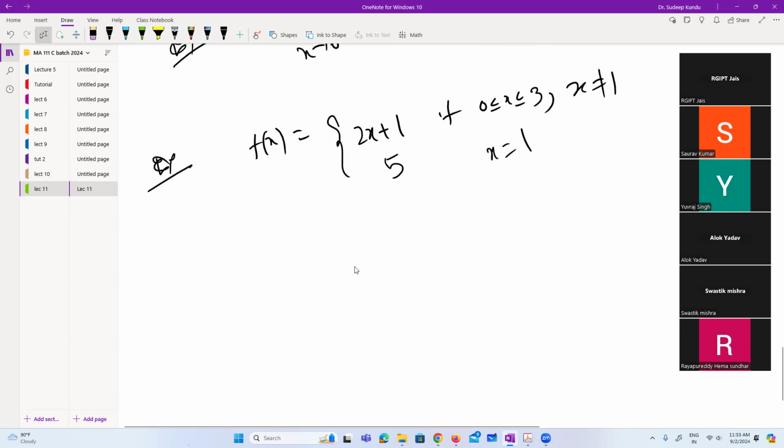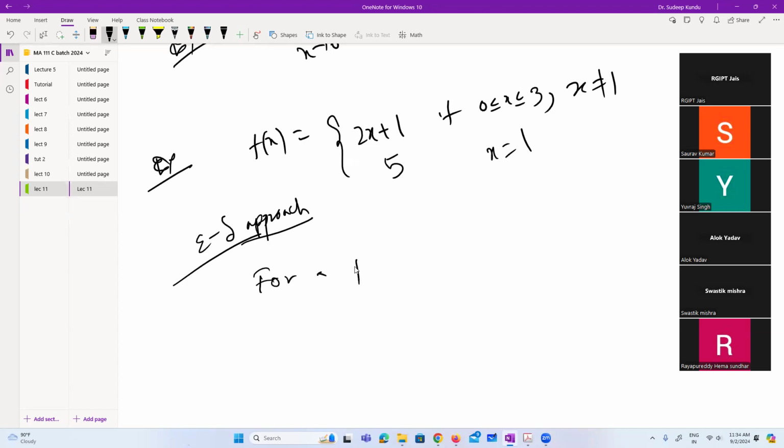Now if you want to show it using the epsilon delta approach that you have already studied, you should first know where it converges, right? So if you want to apply this epsilon delta criteria, what you have to show is that for a point x near 1, f of x should converge to, would be 3, right?